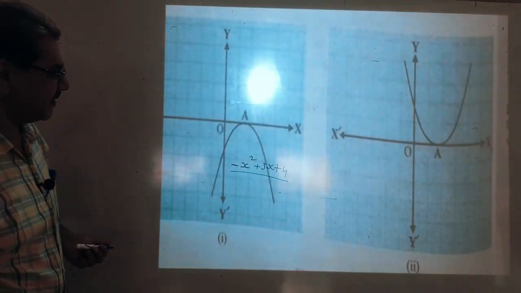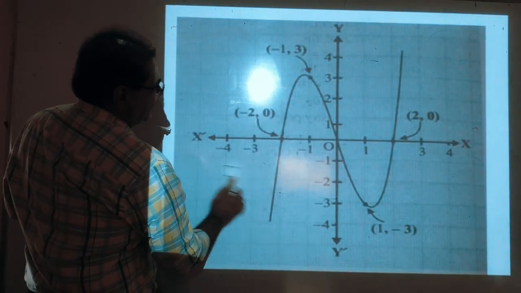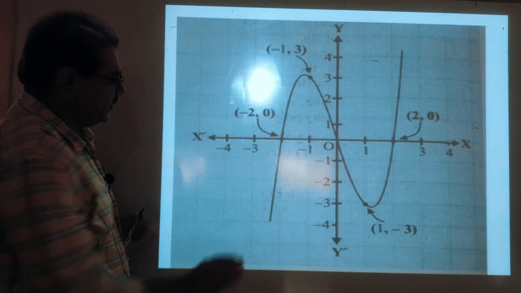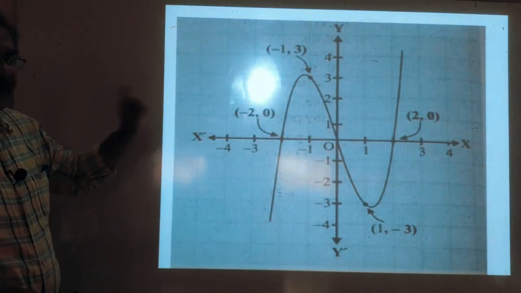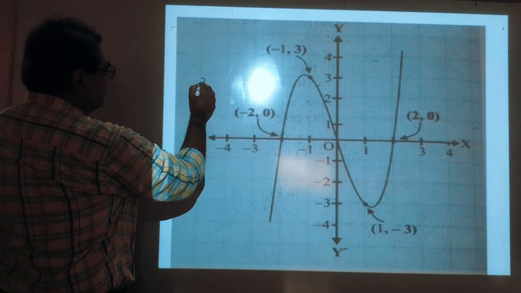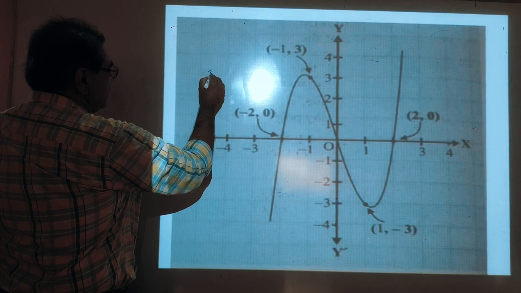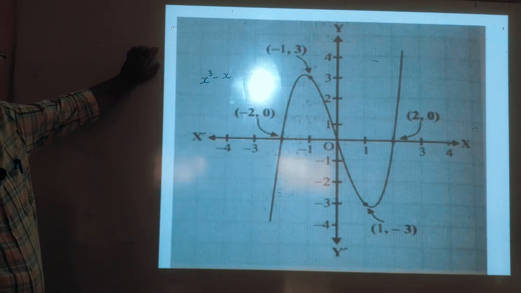Next slide. You can check here, you are taking two parabolas together. So it is not degree 2, it will be degree 3. So the example is, suppose, x cube minus x. It is the polynomial.